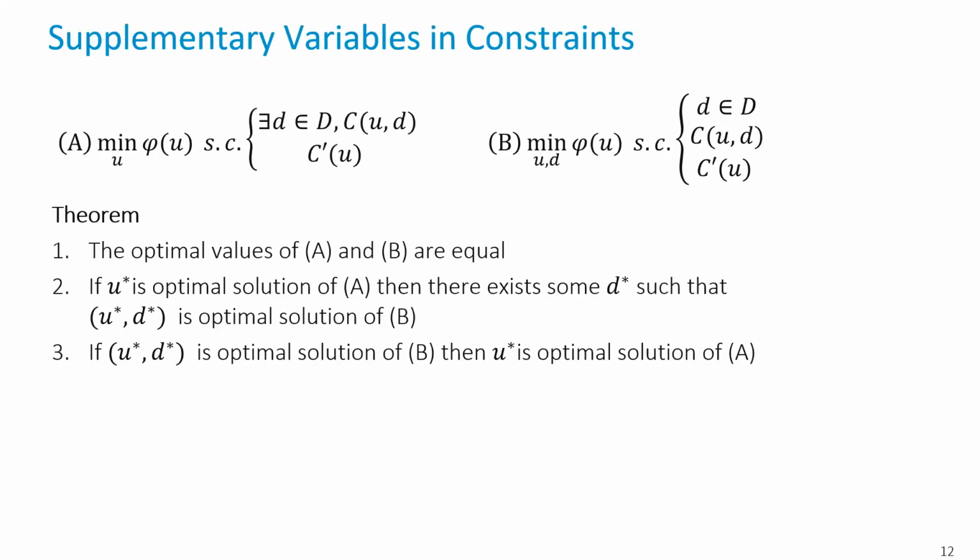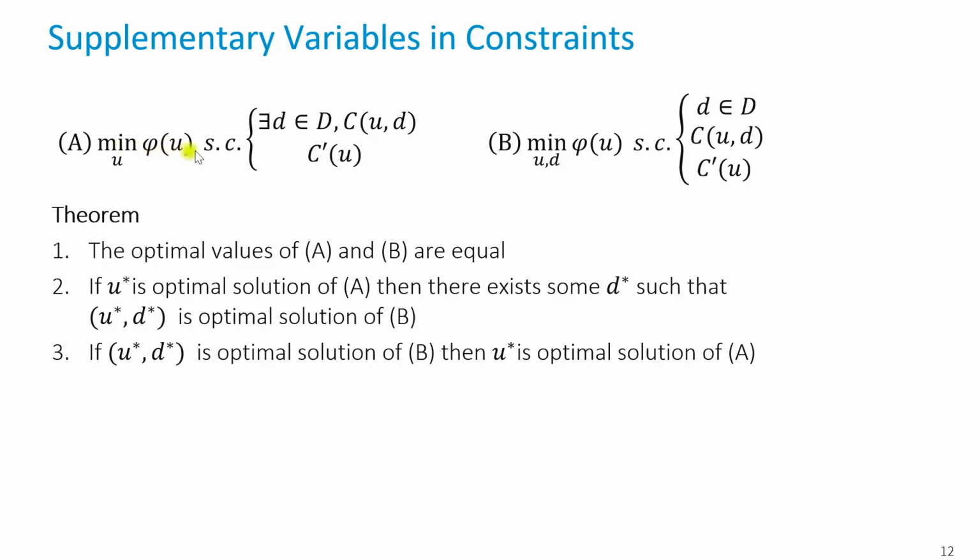In fact, this is quite general. I call this supplementary variables and constraints. Whenever we have a problem of the form constraints with a quantifier of the form there exists, it is the same as adding all the variables that are quantified with there exists into the optimization variables.